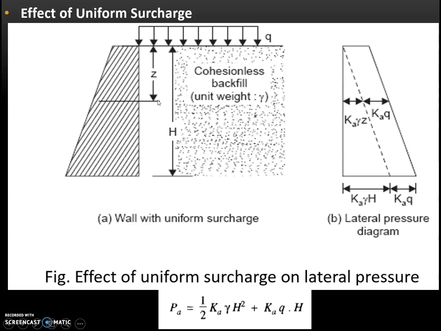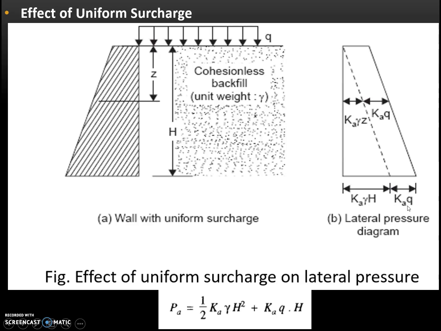At any depth Z, the pressure will be Ka gamma into Z, and due to surcharge it will be Ka into Q. So the base is given by Ka into gamma into H, and due to surcharge it will be Ka into Q itself.